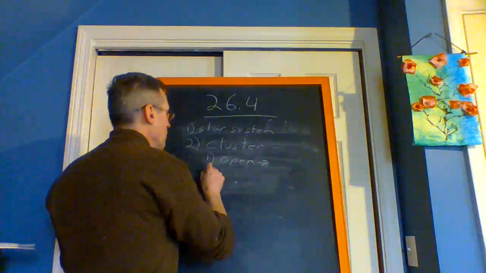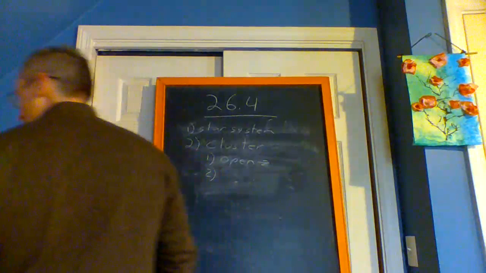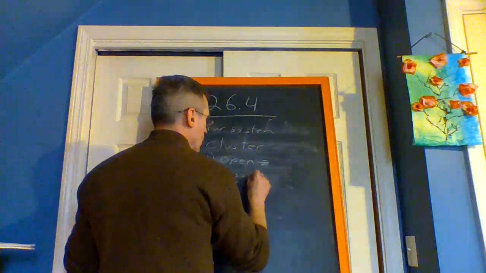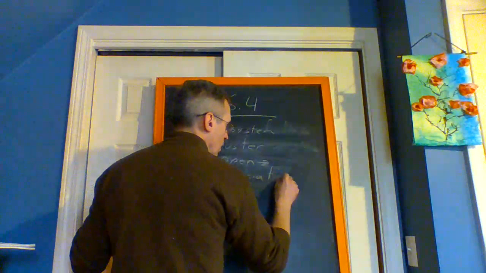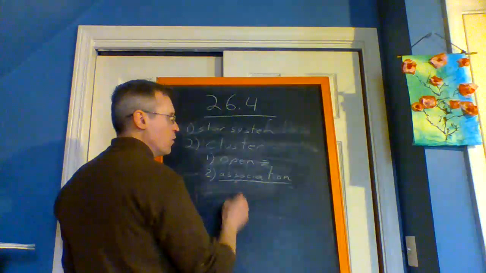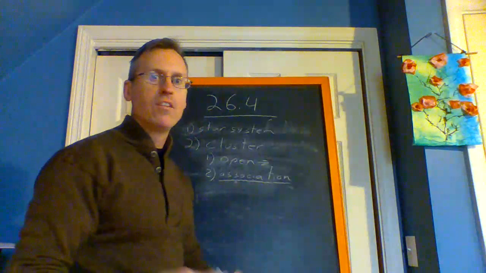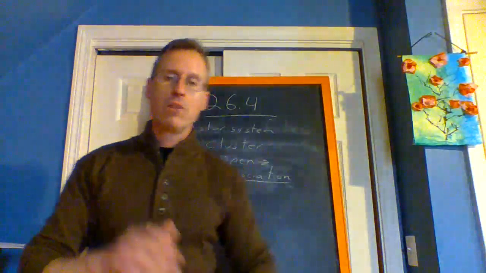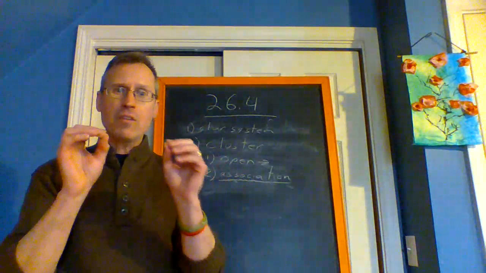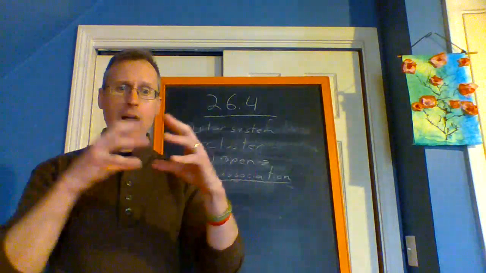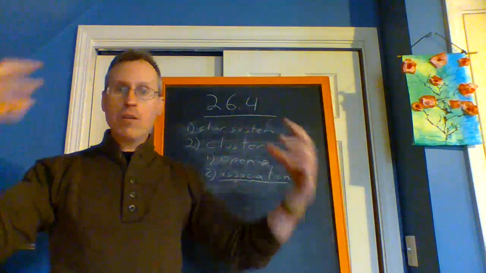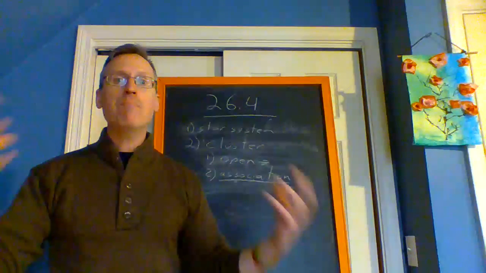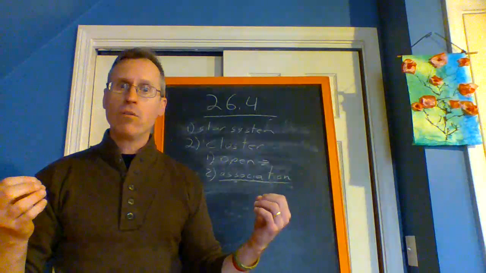Okay. The second type is called an association. The thing to know about an association cluster is it's temporary. When we talked about star formation, stars come from nebulae, and oftentimes in a nebula, when it collapses, you won't just get one star, you'll get a bunch of stars that form, because remember, nebulae are huge, they're very, very large, so you can get many stars that form from a single nebula.